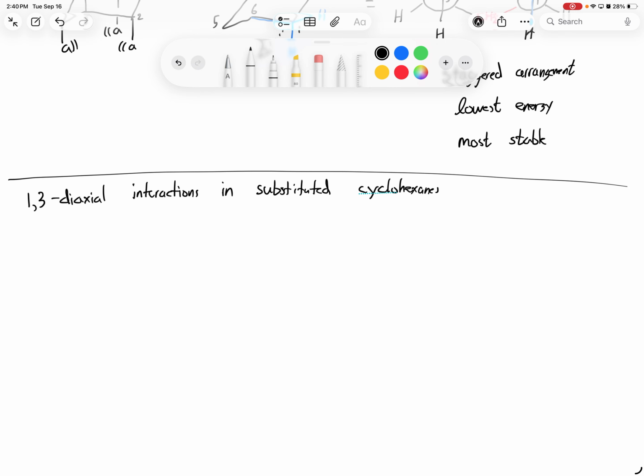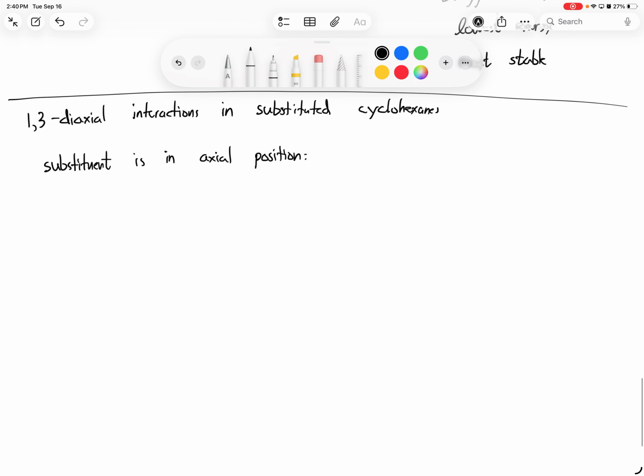All right, so what if the substituent is in the axial position? In the axial position, you have 1-3 diaxial strain. We call it strain, we call it interaction. They're pretty much interchangeable here.